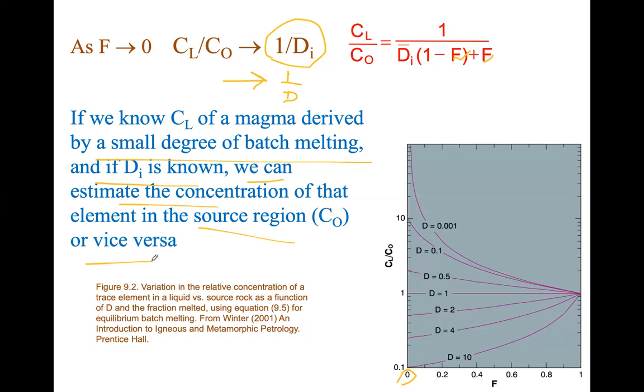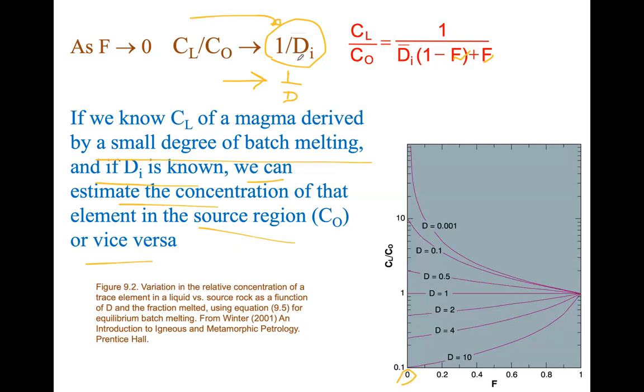You collect the basalt rock and measure it, and you assume that very little melting has taken place, because you don't see many melt patches, melting features, melt veins or melt inclusions in thin section. So you can assume only a little amount of melting has taken place, and therefore you can directly make your ratio equal to 1 over D, right?